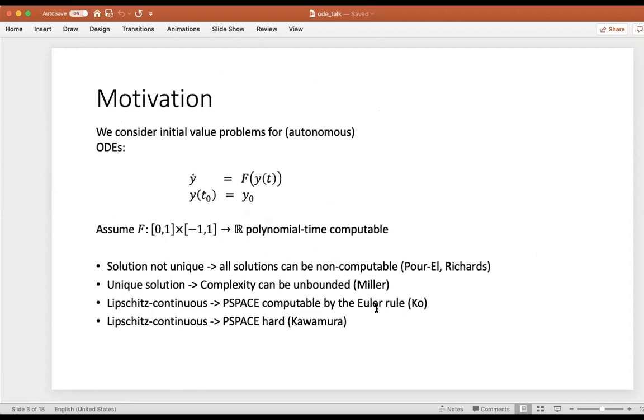So we need some additional information. Usually the Euler rule converges linearly if the solution is twice continuously differentiable.